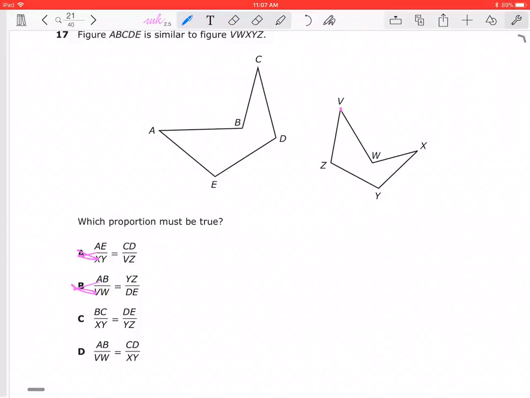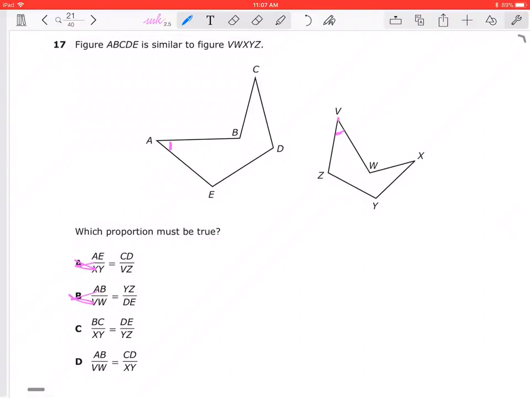Remember, in terms of geometry, we have to look at the same angles. We have to look at AB, VW. CD to XY.